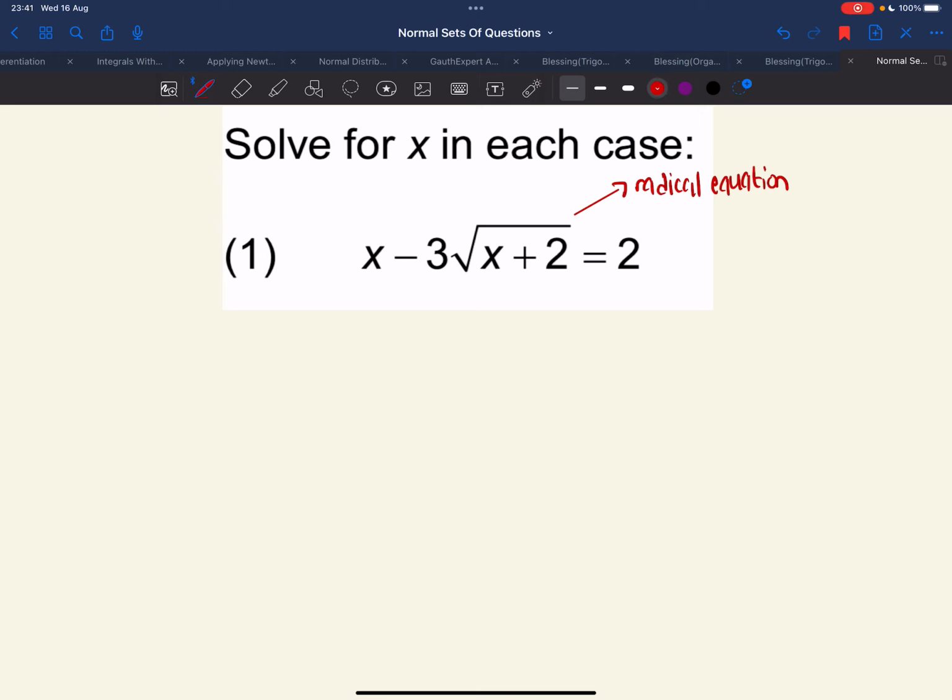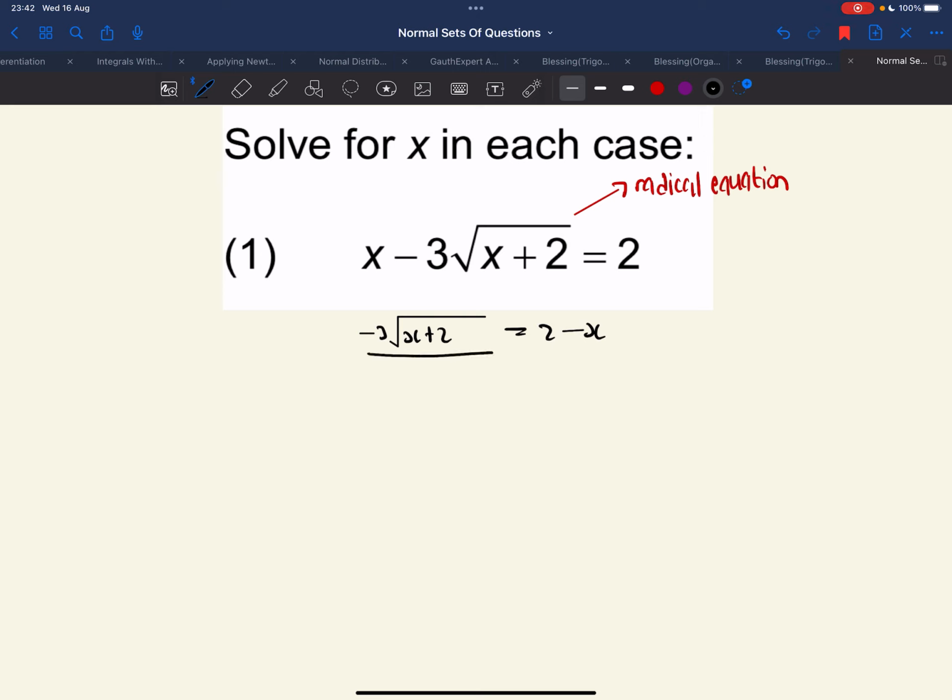Okay. So in this equation, the first step that we can do is to transpose x to the other side. So we can say minus 3 square root of (x plus 2) equals 2 minus x, right?